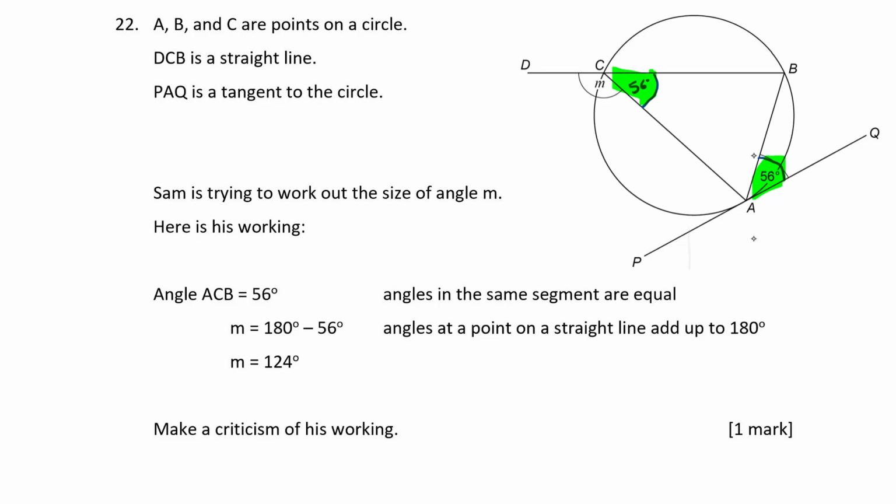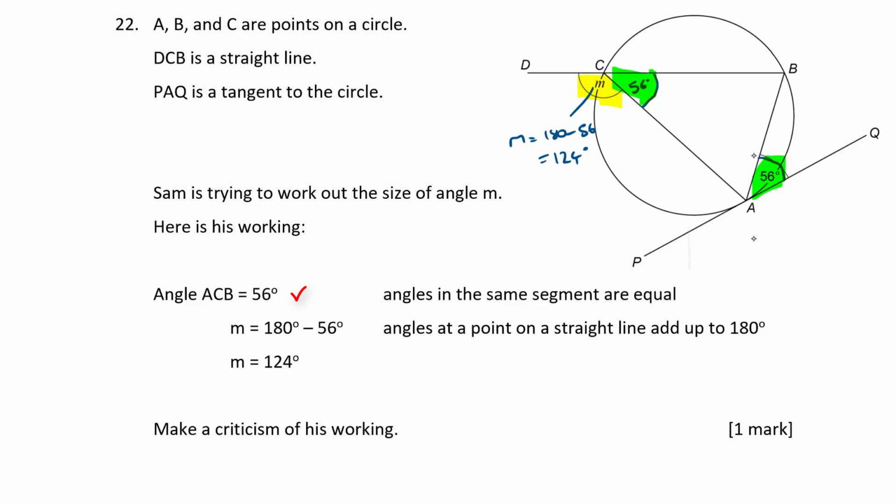The angle in the alternate segment is equal to the angle between that chord and the tangent. And then I've got two angles that lie on a straight line. So this angle here plus the 56 is going to be 180. So then M is going to be 180 minus 56 because of angles on a straight line, which gives me 124 degrees.